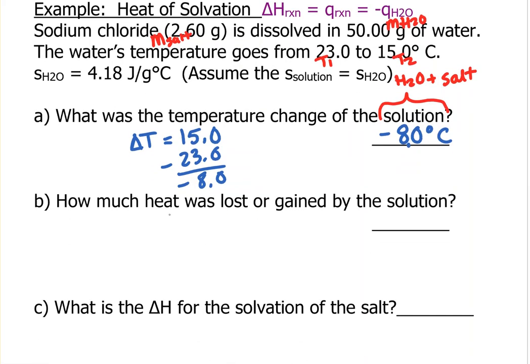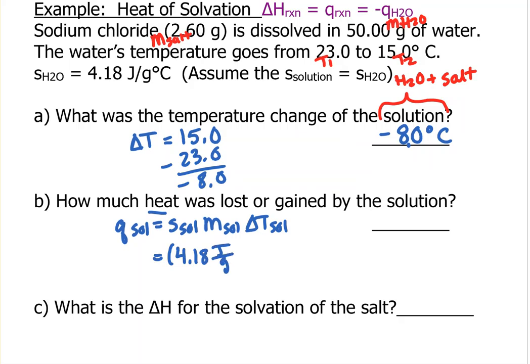Okay, we're looking for the heat for the solution. So this is our Q of the solution, and we're going to do everything for the solution. So this is where something's different. It tells us we can assume that the solution has the same specific heat as water. Okay, and then watch this part right here. The mass of the solution is going to be the salt and the water.